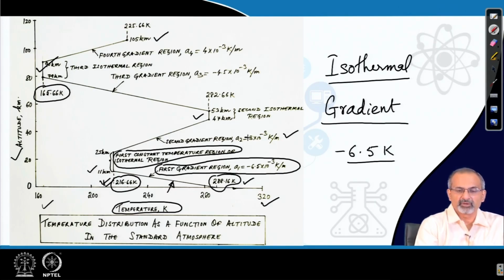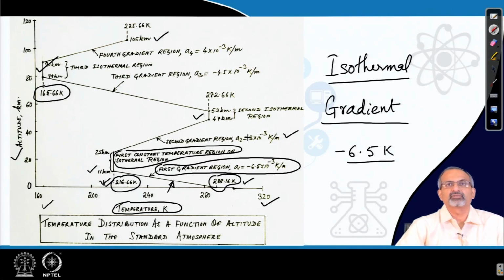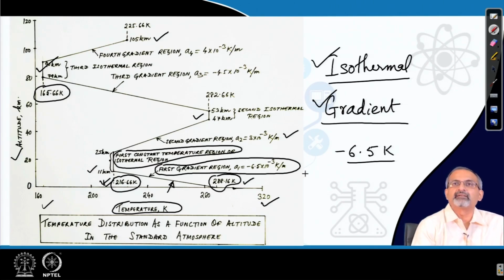At 105 kilometers, it reaches a temperature of about 225.66 Kelvin. So, this is a zigzag manner in which temperature changes, accompanied by isothermal and gradient regions. This gives a first feel of the standard atmosphere, how temperature distribution is standardized in the atmosphere.